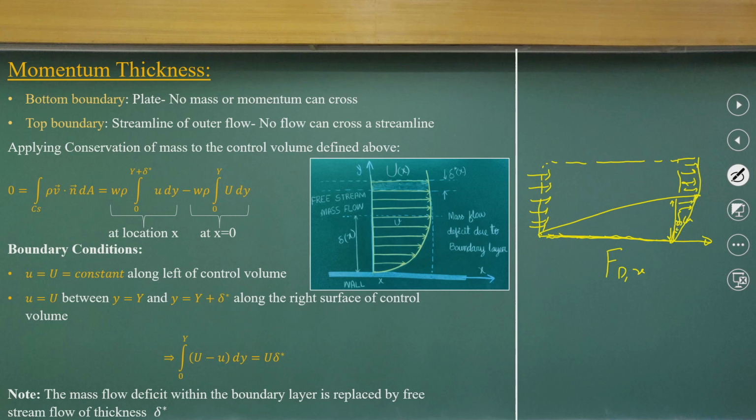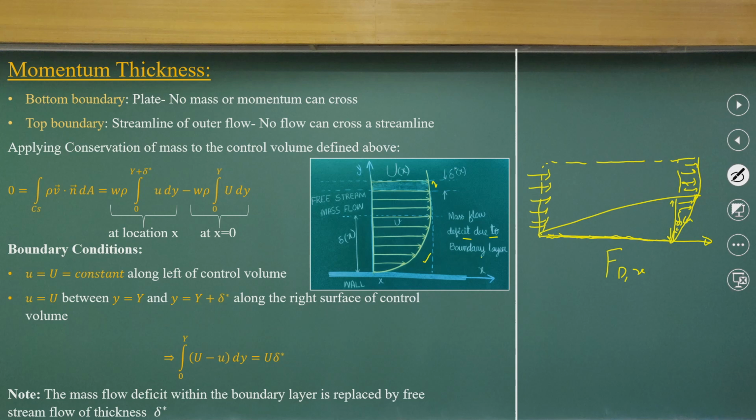That is what is represented here. The mass deficit, and this delta is the displacement thickness, showing how much extra mass there is, so that these two are equal to each other above the free stream. So the mass flow deficit due to the boundary layers, and that net mass is equated. That is what I used to derive the displacement thickness.